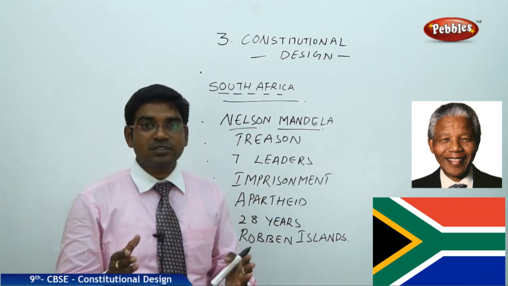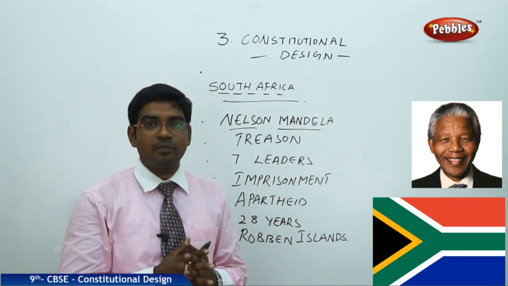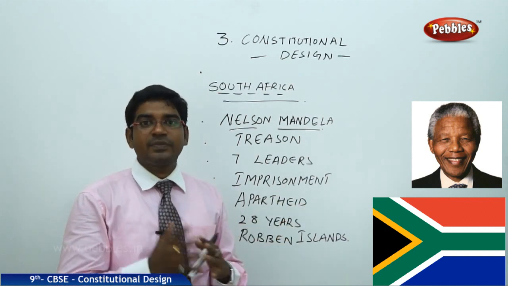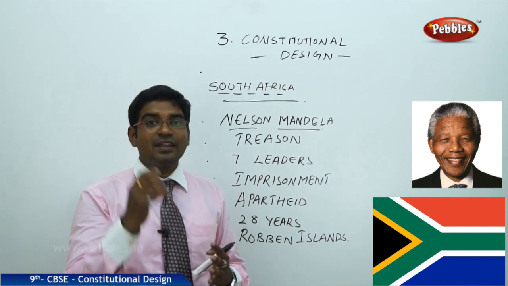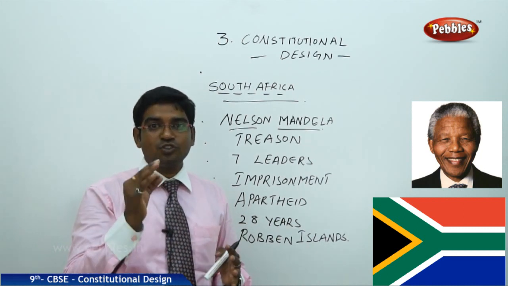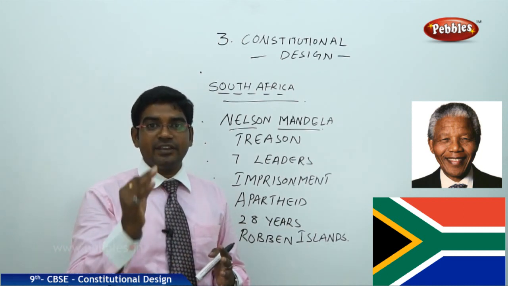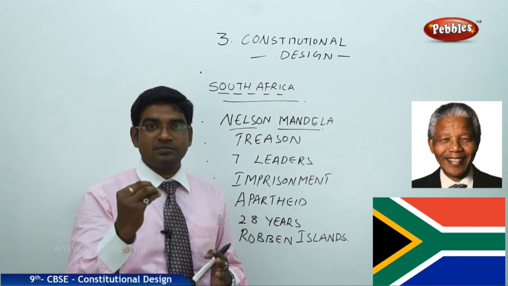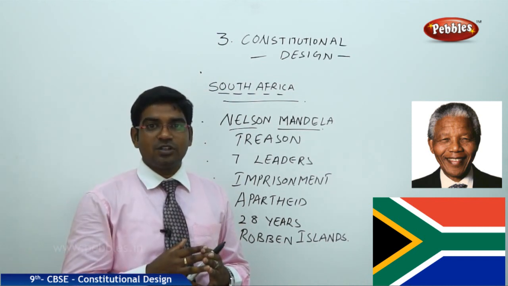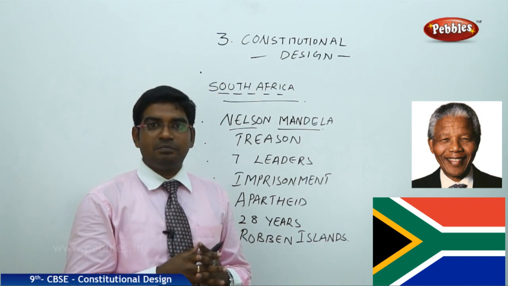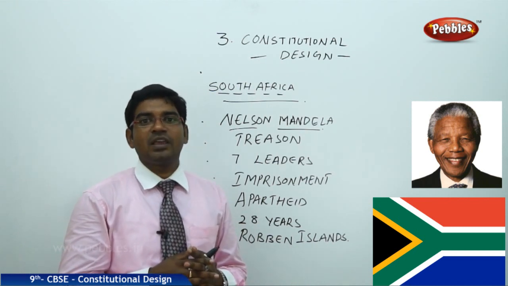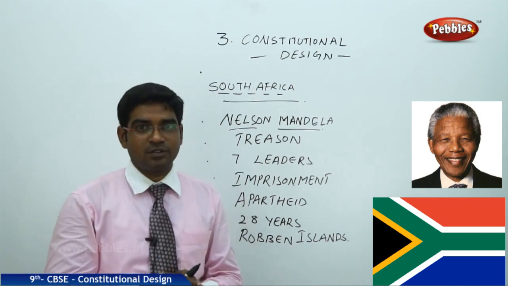The same ideas were continued and followed by Nelson Mandela in South Africa. As a result, he had to spend 28 years in prison on Robben Island, which is a very deadly place in South Africa. Let's go and check out the details now.